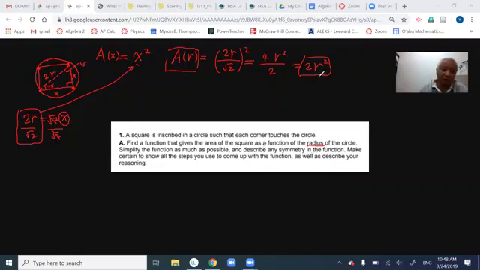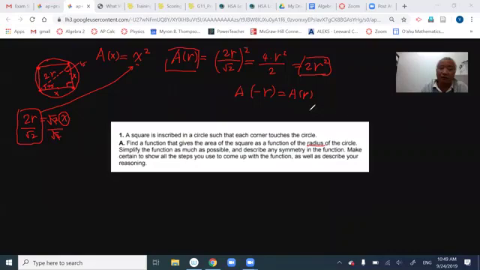And they ask you to describe any symmetry of the function. Of course, negative r does not make sense, I know that, because the radius must be positive. But if you want to look at the symmetry, A of negative r equals A of r, because r squared and negative r squared are the same.